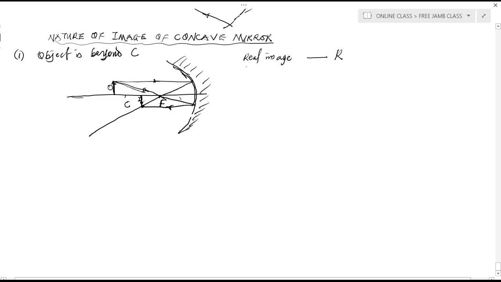It means it is inverted, I. Then at the same time, it is smaller than the object. You say it is diminished. So we call this one RID.